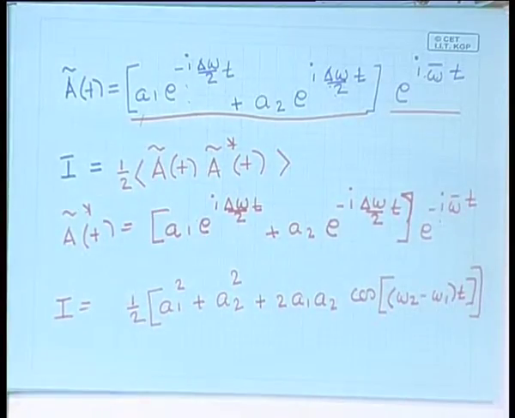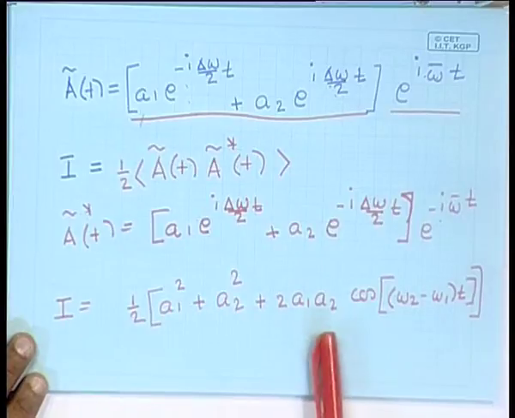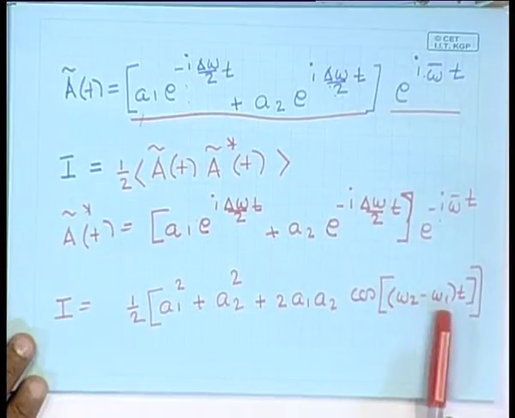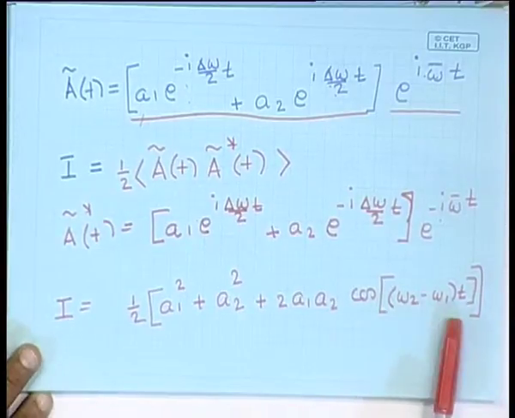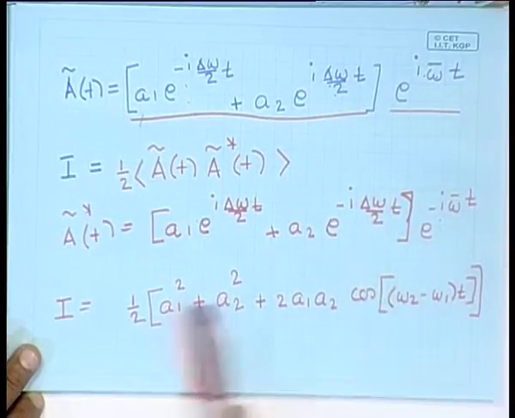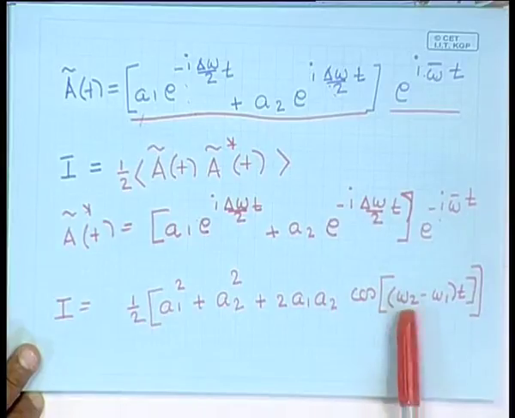So, what we see is that the intensity of the superposition of these two waves is going to vary slowly with the difference in the two frequencies.